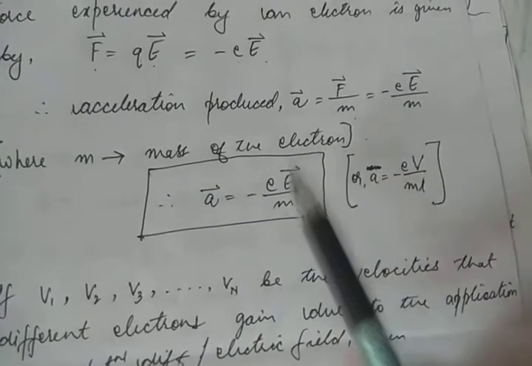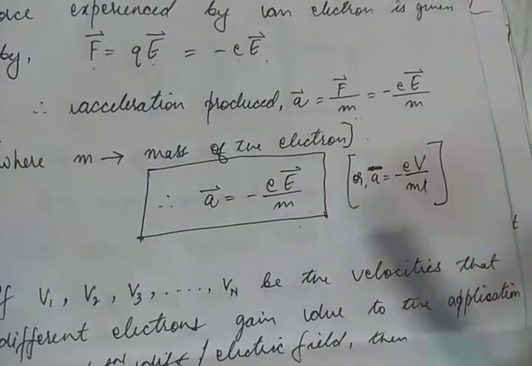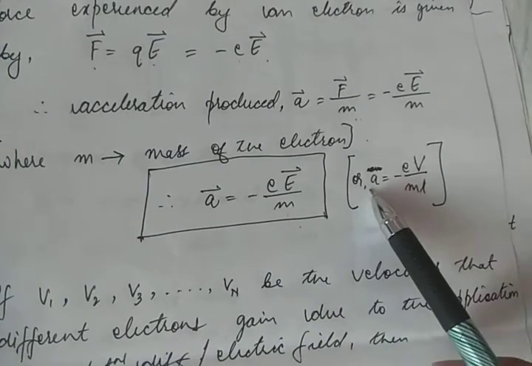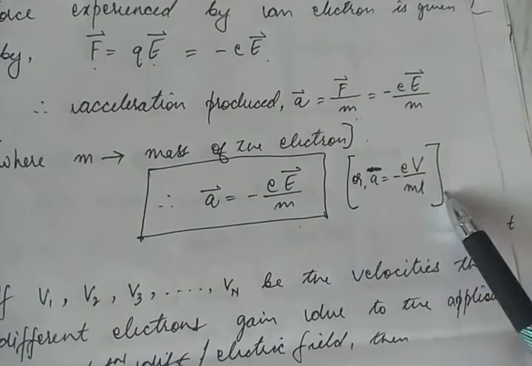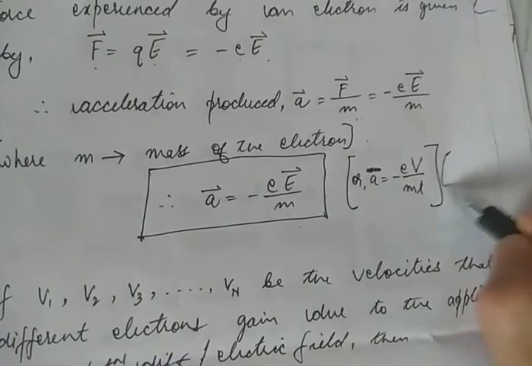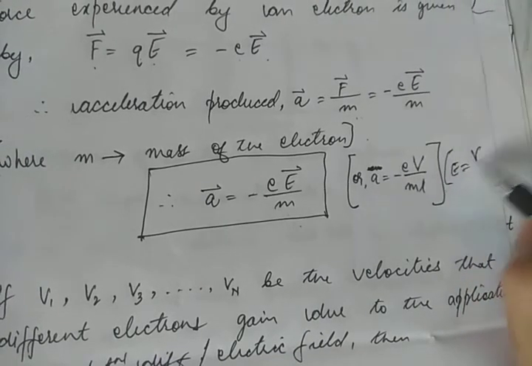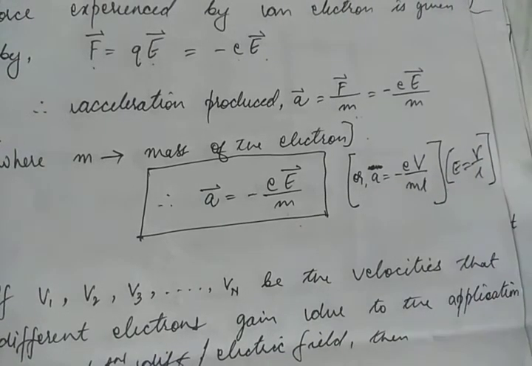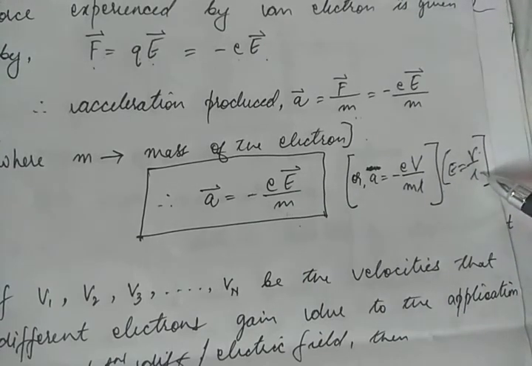Now I have written another expression for acceleration here. Acceleration is minus eV by mL. Why this? Because we know electric field is the gradient of potential, meaning basically potential divided by some distance.